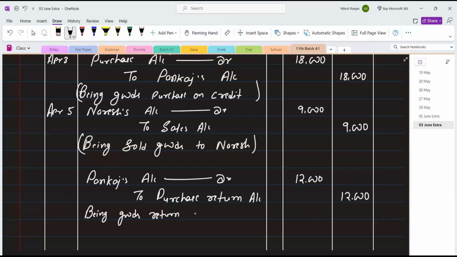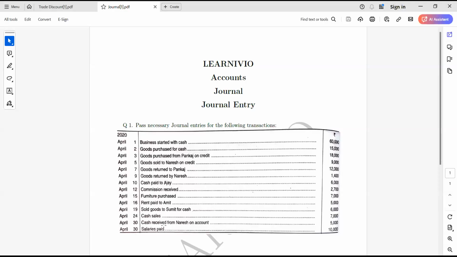Now, if I give you this question as homework, can you do this? Sir, I will try one or two entries first. Okay. Please do the entries for goods returned to Pankaj and goods returned by Naresh.